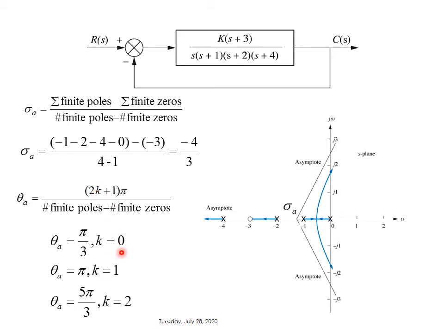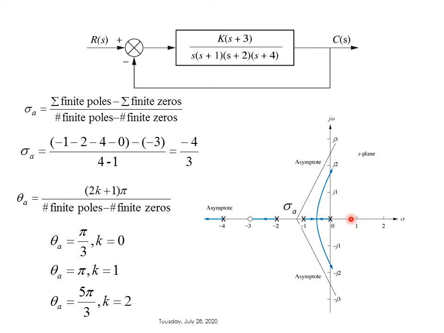For all those 3 cases, the number of finite poles minus the number of finite zeros is the same as we had here, which is 3. You'll find that theta A equals pi over 3 for k equals 0, pi for k equals 1, and 5 pi over 3 for k equals 2. It's basically 360 degrees divided by 3. So the direction of the first one is this line, pi over 3. The second one is this line, at angle pi.